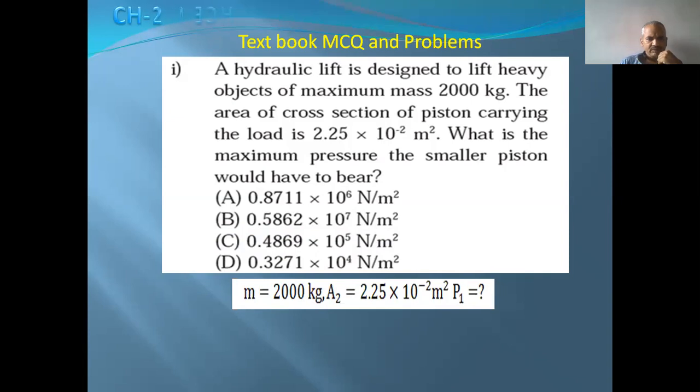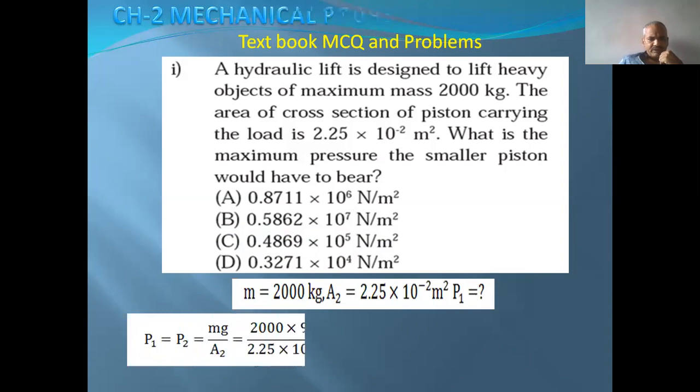The example is on the hydraulic lift, which is based on Pascal's law. According to Pascal's law, the input pressure and the output pressure are equal. Because of this, we write the formula for input pressure, that is P1 is equal to P2, which is equal to mg upon A2.